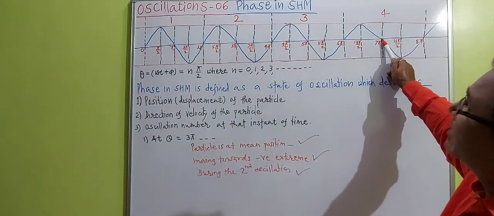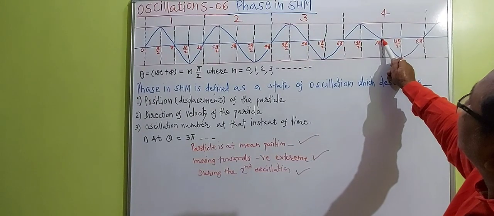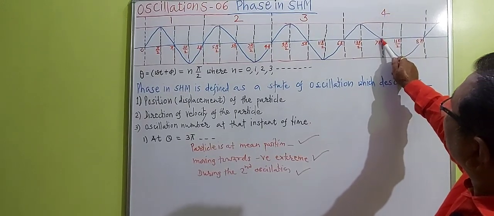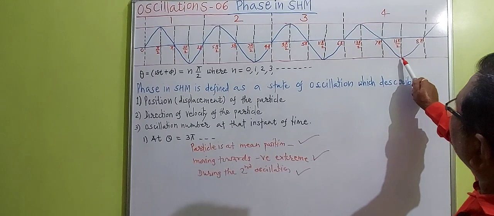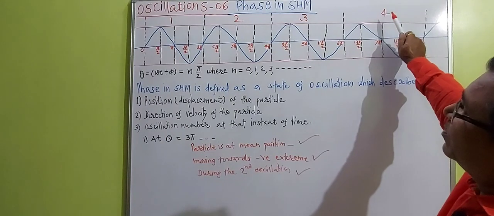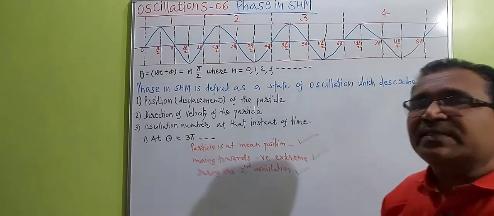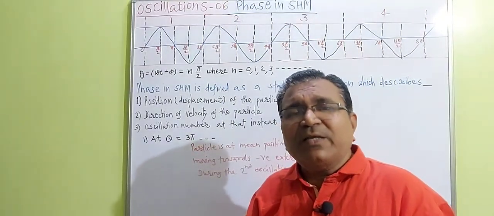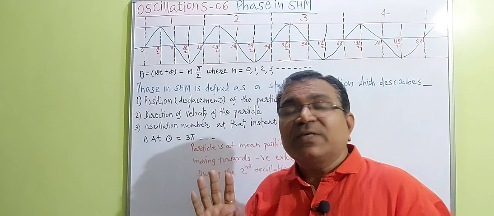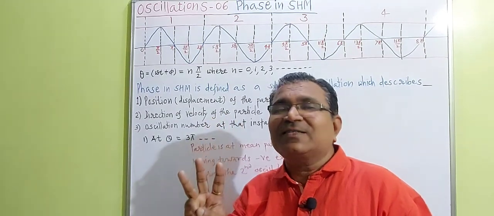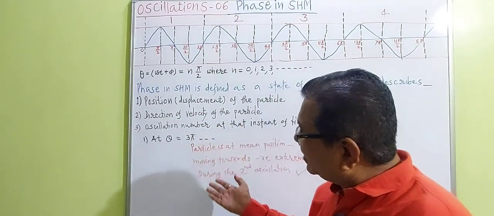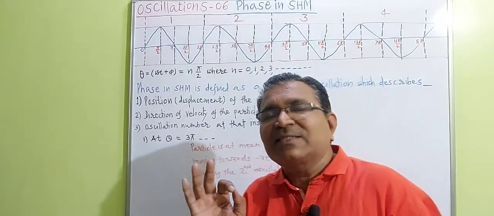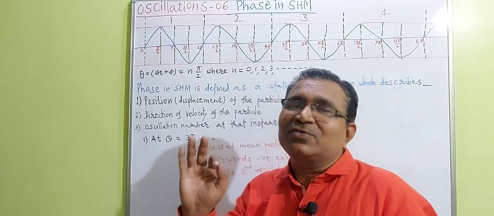The similar state of oscillation we get, only the oscillation number is 4. Particle is at mean position moving towards negative extreme during the fourth oscillation. In this way, by making use of any phase, we can get 3 factors, that I have already explained on the board by taking the phase theta equal to 3 pi.